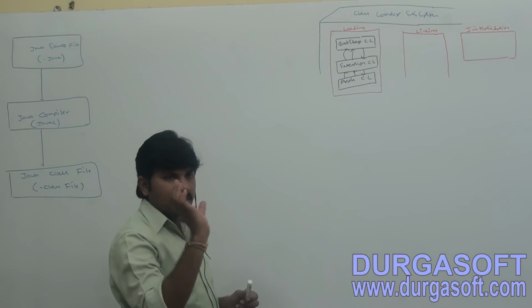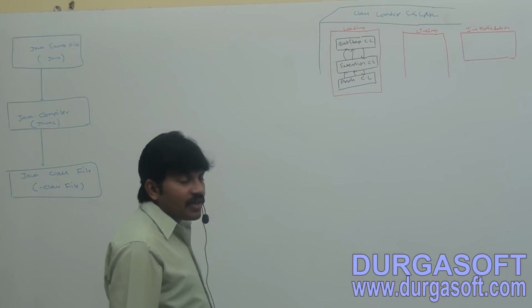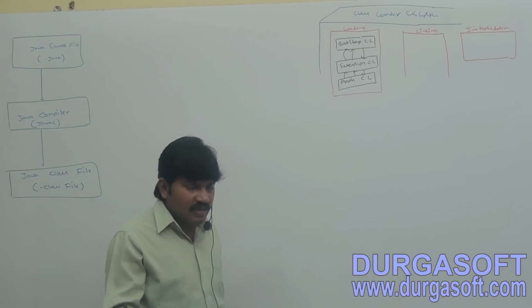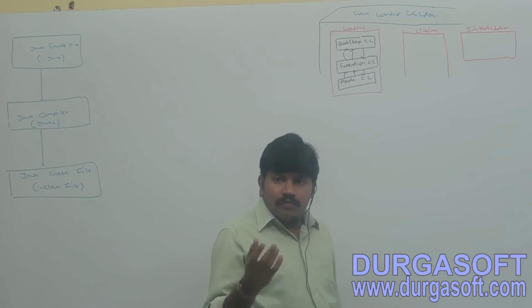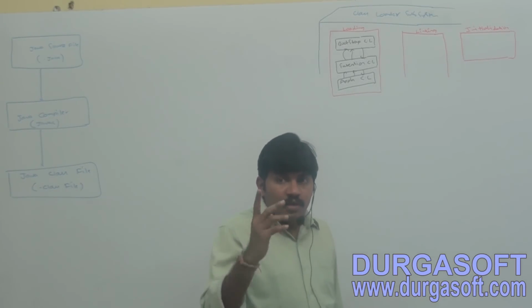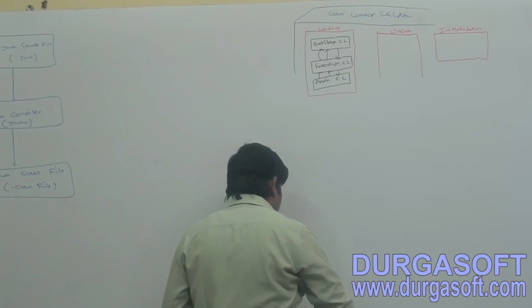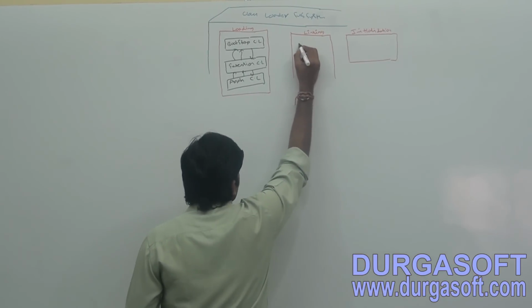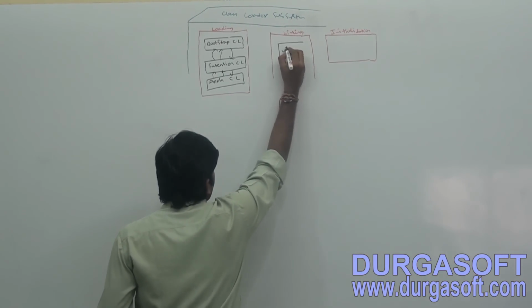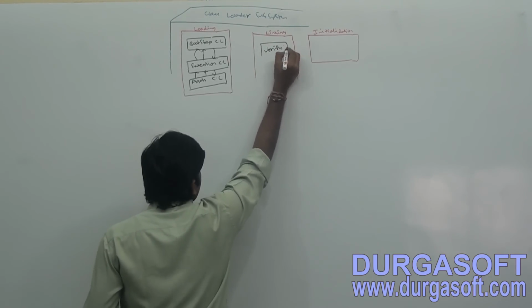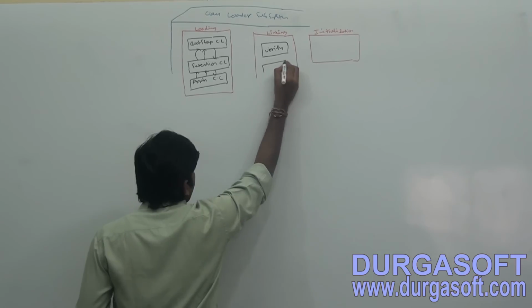These three modules are by default considered the loading mechanism. After that, the second part is linking. In linking, once again three phases are there. What is the first one? Verify, prepare, resolve. What is the first activity performed? The first activity is verify. Second activity, prepare.